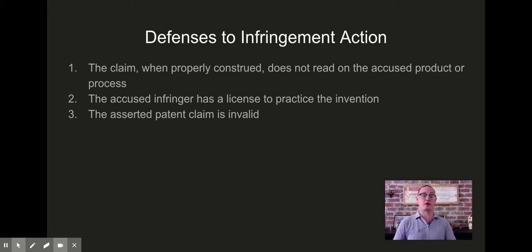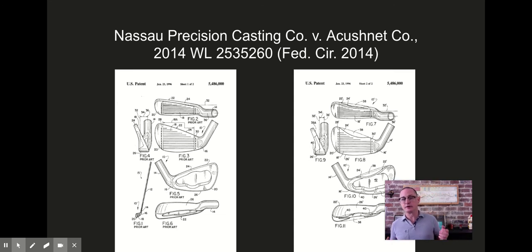The second would be, I have a license. You can't bring a patent infringement action against me if I have permission. If I'm allowed to do it, then it's not an infringing action. And finally, the defendant can assert that the patent claim is invalid. In other words, the patent claim shouldn't have issued in the first place and therefore can't be infringed because it's not a valid patent. Three possible defenses.